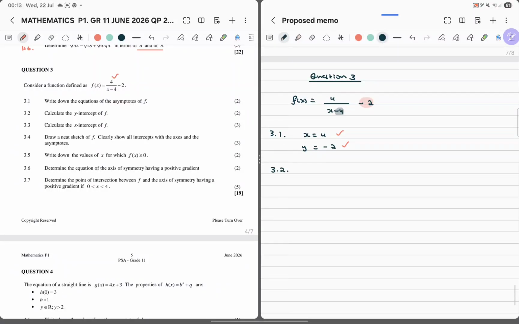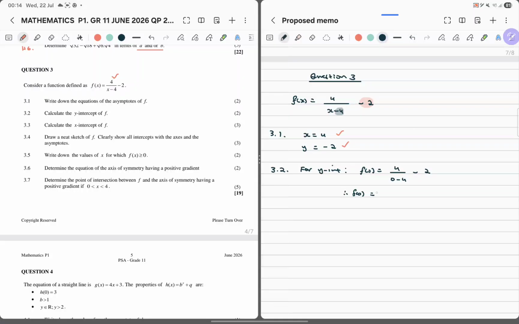So 3.2 says, calculate the y-intercept of f. So we know that for y-intercept, it is such that we've got f of 0, which is 4 over 0 minus 4 minus 2.